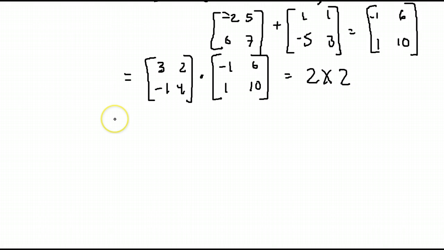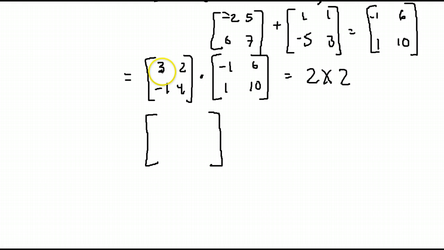So again, we need to multiply the rows by the columns. So we have the first row of matrix A times the first column of the second matrix, the one we added together.